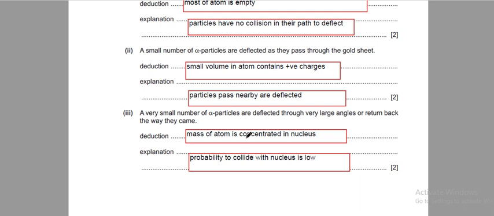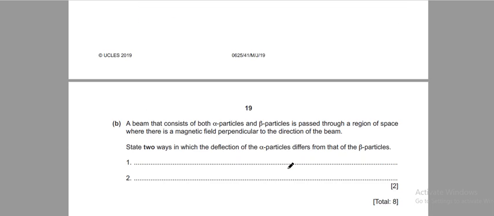The mass of the atom is concentrated in the nucleus. The probability of colliding with the nucleus is low, and you can add that a very small number of nuclei that collide have a great impact in changing its direction because the mass is concentrated in the nucleus.